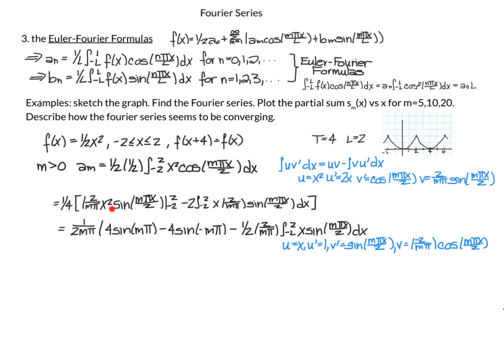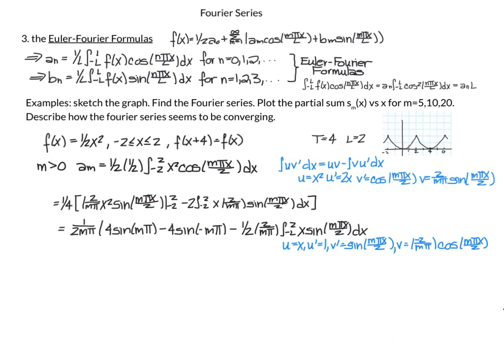Over here, I have my x squared, so that's 2. And then I have my sine of m pi, and the 2 here cancels with the 2 below, so I have sine of m pi. And then I have minus, plugging in the -2, I still get my positive 4. And then I have my -2 canceling with the 2 on bottom, but I have a minus m pi.